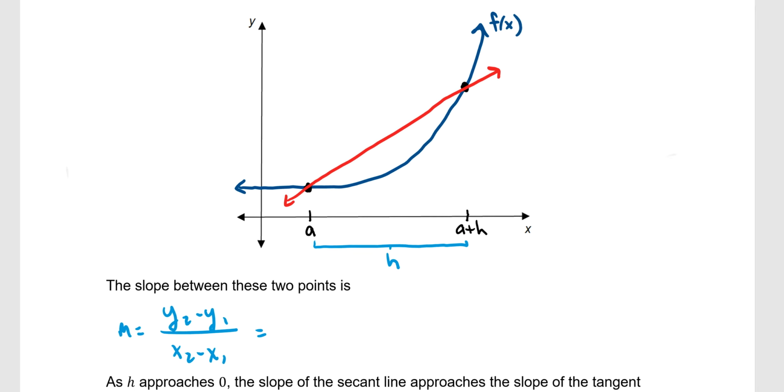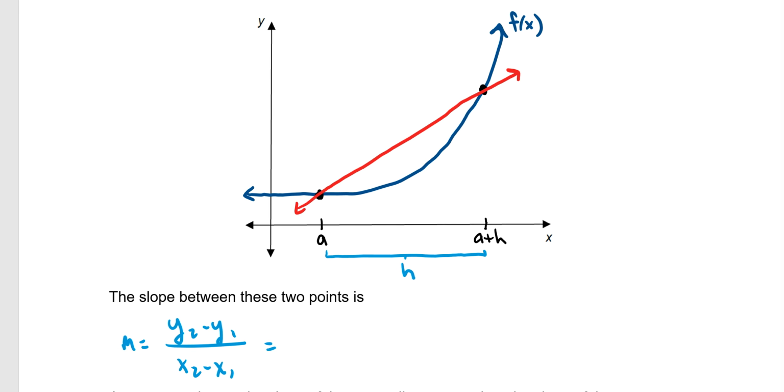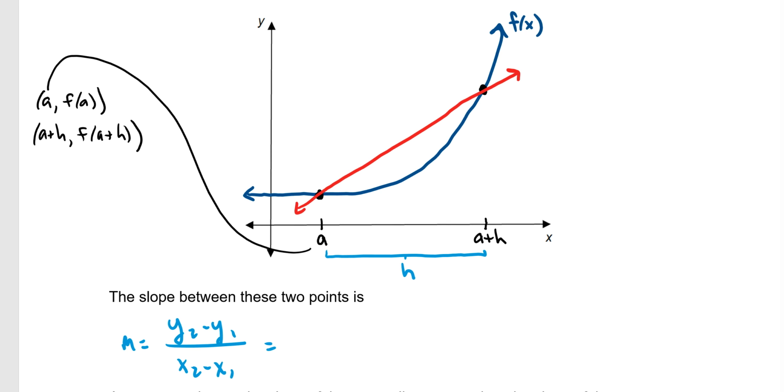So with that being said, that gives us our 2 points here, right? We end up having a comma f of a, and then we have a plus h comma f of a plus h. The y coordinate is always just f of whatever the x coordinate is.